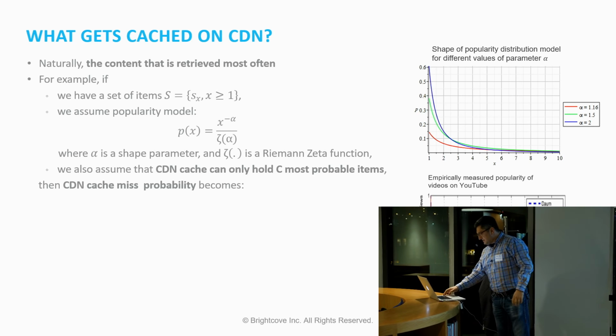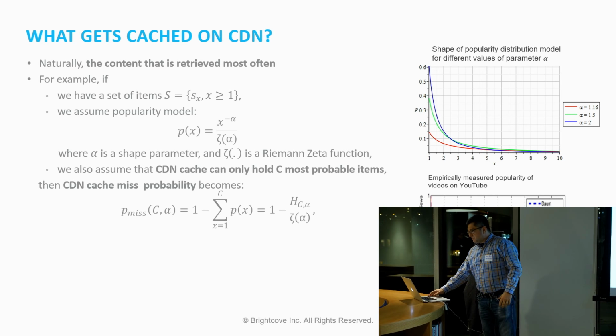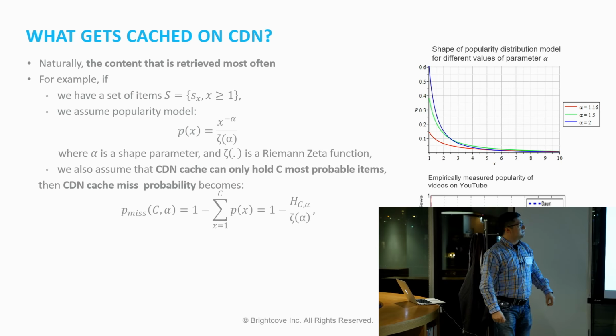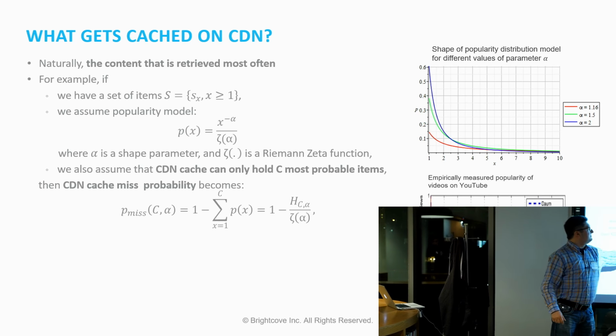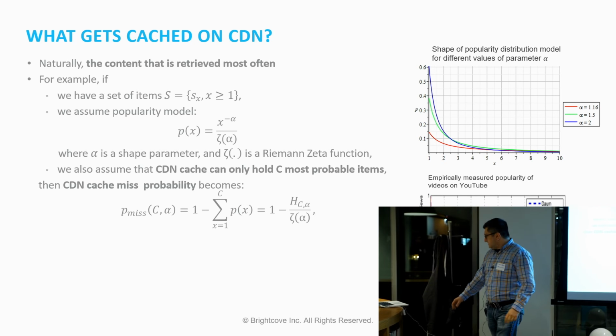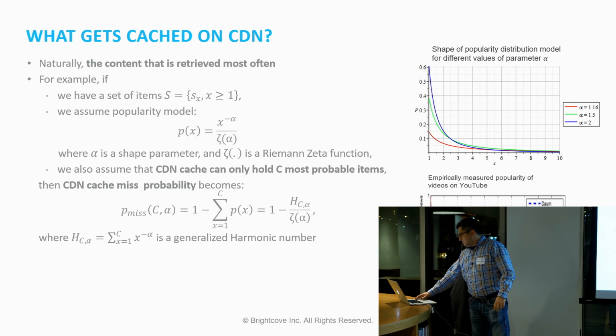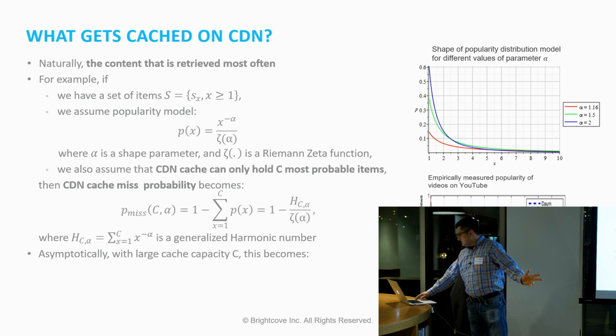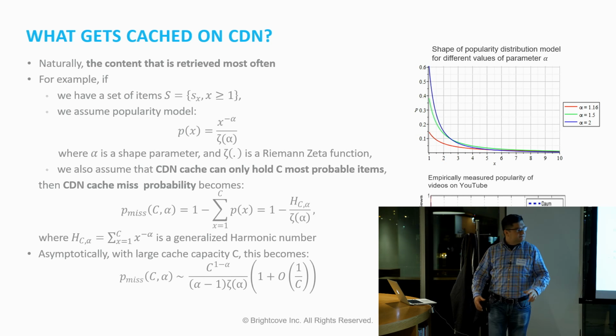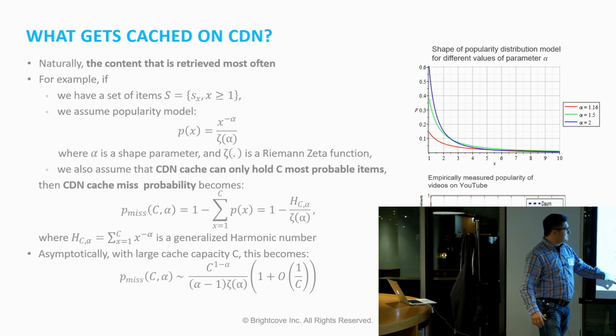Well, if that's the case, we can compute the probability that things are not going to be in cache. That's going to be just 1 minus the sum of everything that fits in cache. That becomes a pretty simple expression with a generalized harmonic number, but it actually has an asymptotic expansion, which is even simpler.